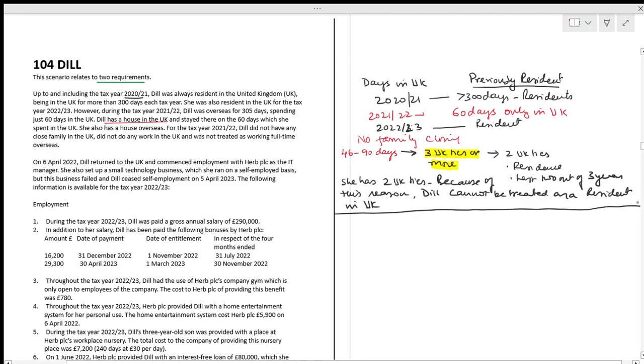When you are mentioning this, you have to mention it with a specific reason. You have to give very clearly what they are asking.